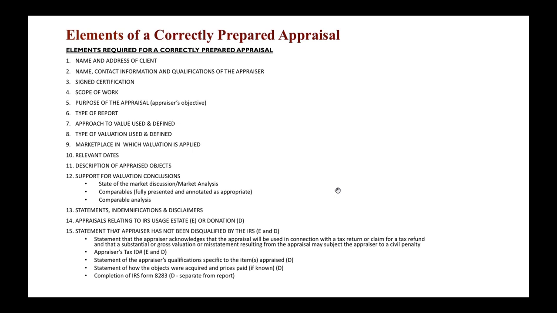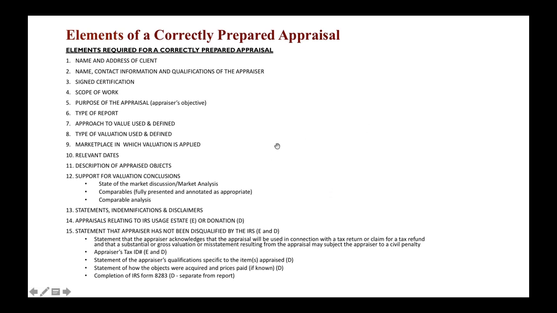That should be in your appraiser's qualifications page, and if you'd like to put it elsewhere, you certainly can. As we mentioned, the templates are to make sure that everything is there. You can always add more, but we feel that you should at least have all of these things in it. Okay, thank you.